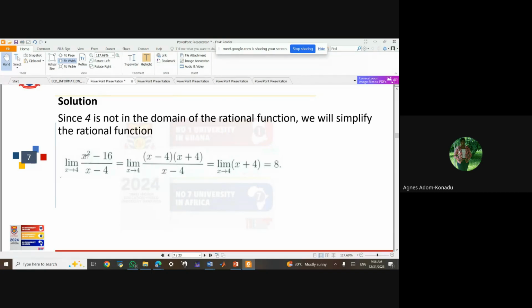When we simplify this, you can use difference of two squares. So this is x minus 4, x plus 4, all divided by x minus 4. So x minus 4 will cancel x minus 4. I'll be left with x plus 4. And you can see that x plus 4 is a linear function, which is a polynomial function. So to find the limit, I will just substitute the 4. So I have 4 plus 4, which is 8.